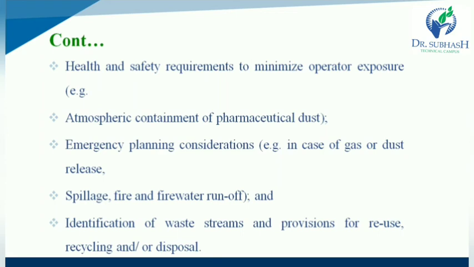So for emergency planning consideration, in case of gas or dust release or fire, premises are maintained for emergency planning. Example is fire safety hazards. Next one is the identification of waste stream and provision for its reuse or recycling or otherwise disposal.